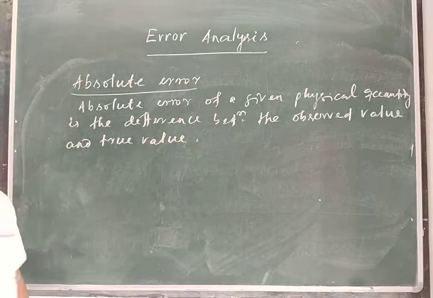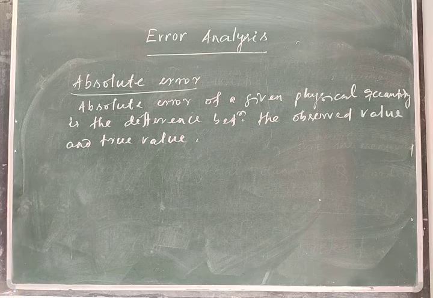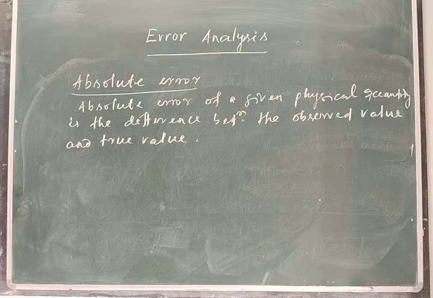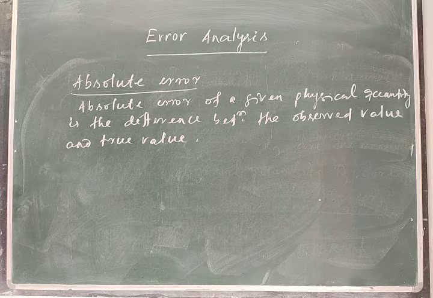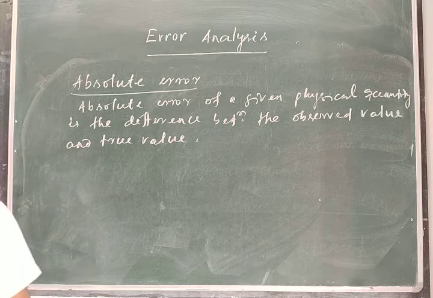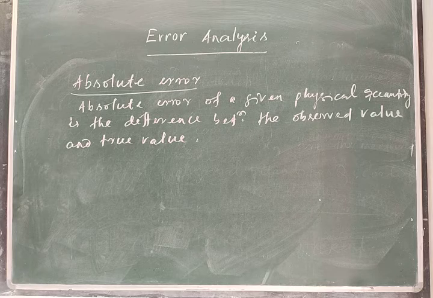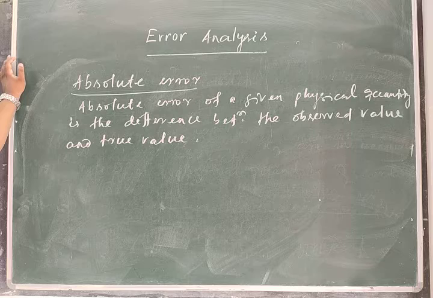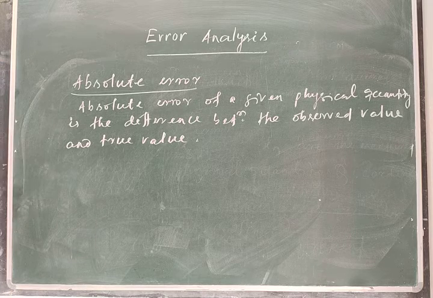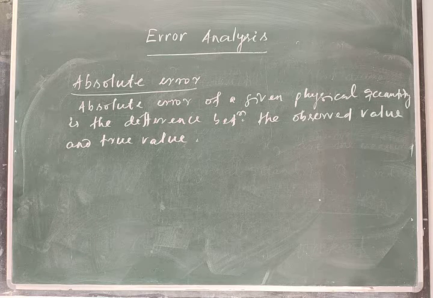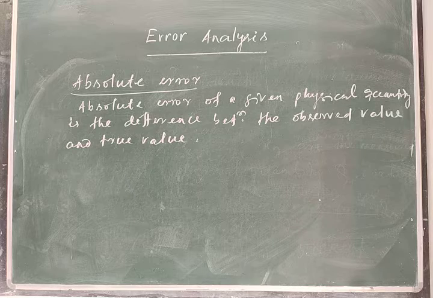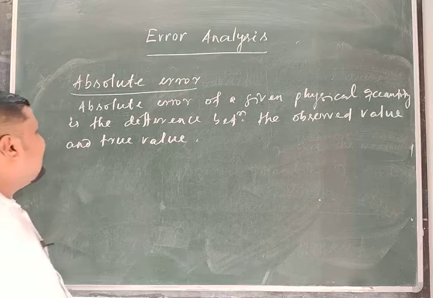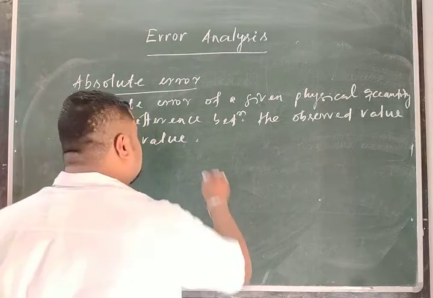Already I know that in random error the true value is calculated by taking the arithmetic mean, the mean or average value. The absolute error of a given physical quantity is the difference between the observed value and the true value of the measured quantity under consideration. And generally, how will we represent this absolute error?